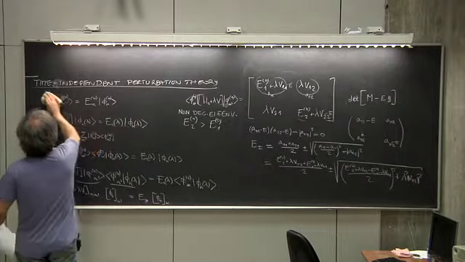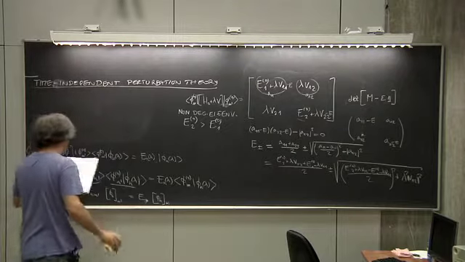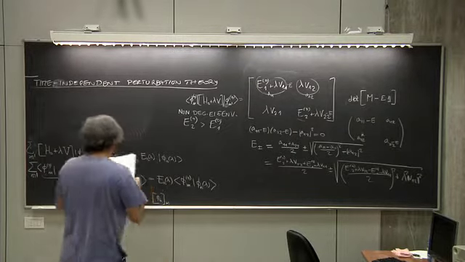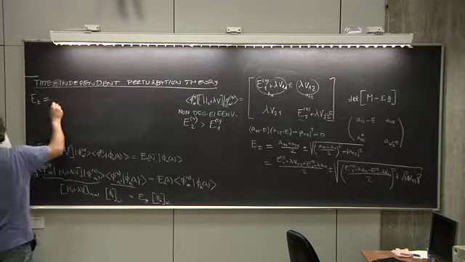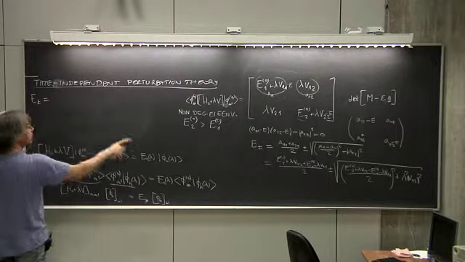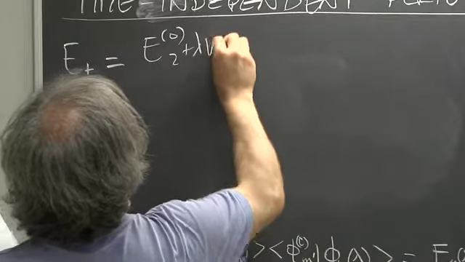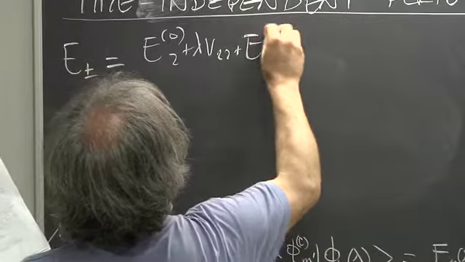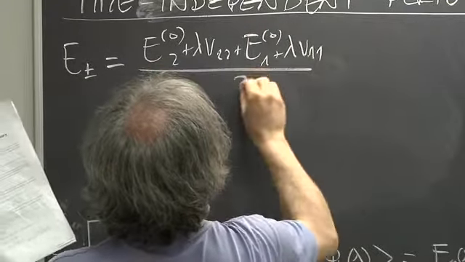I think I will just use this part. Okay. So I will write the two eigenvalues as the semi-sum.